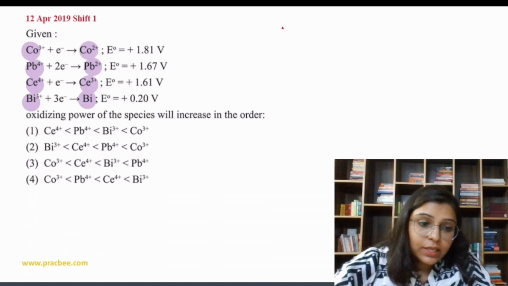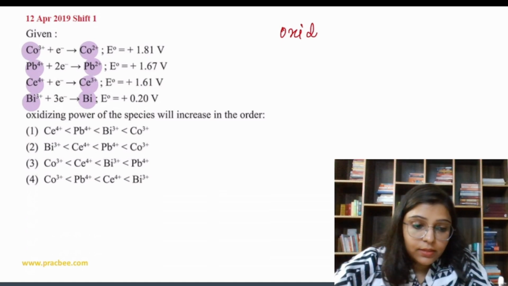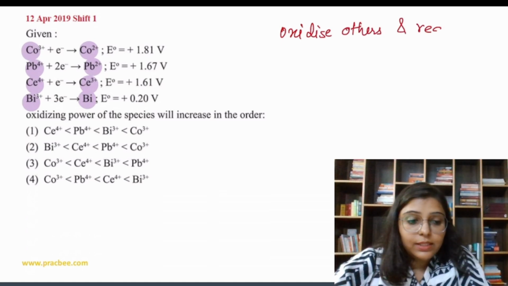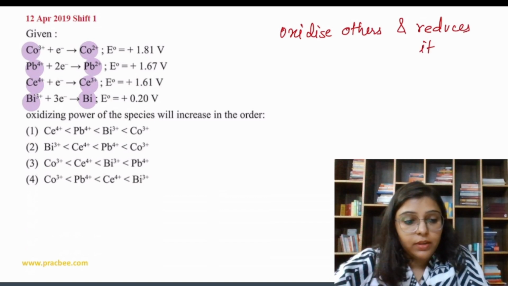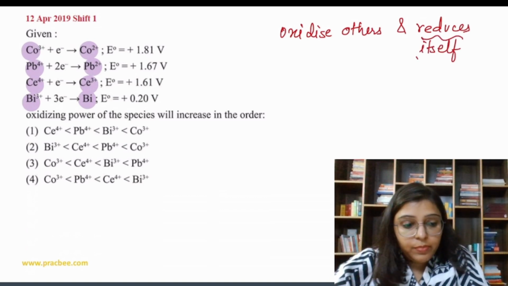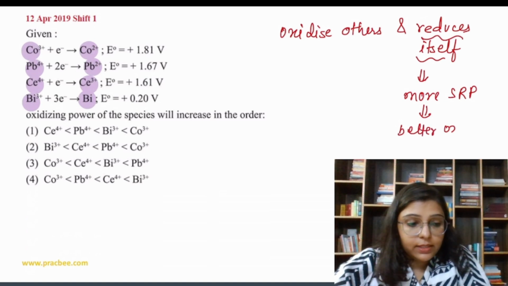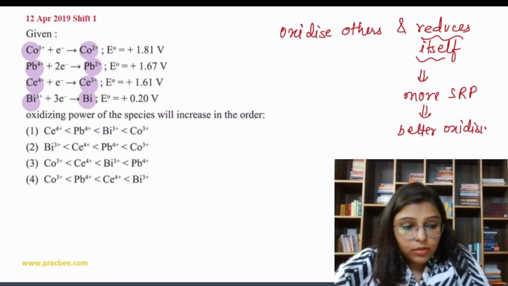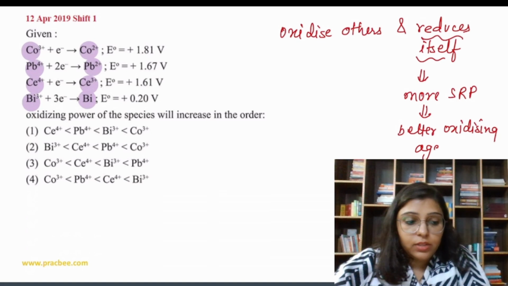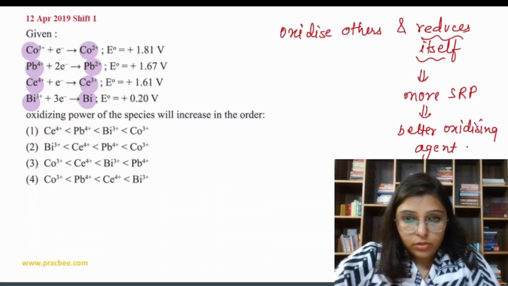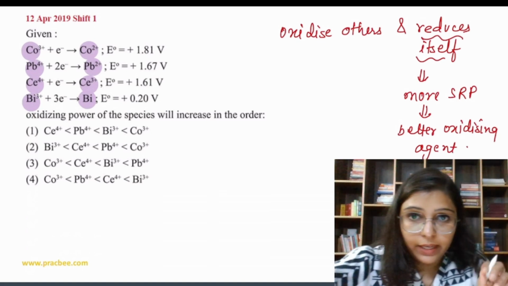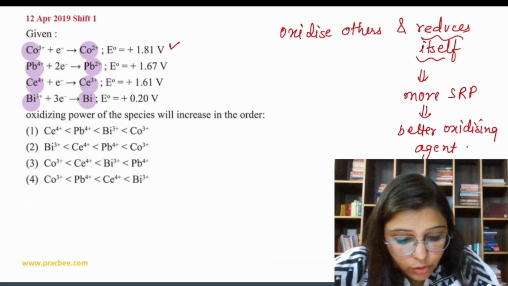And what are oxidizing agents? They oxidize others and reduce themselves. Reduces itself means the one which has more standard reduction potential is a better oxidizing agent. So we have to find the standard reduction potential values. The standard reduction potential is highest for Co3 plus.